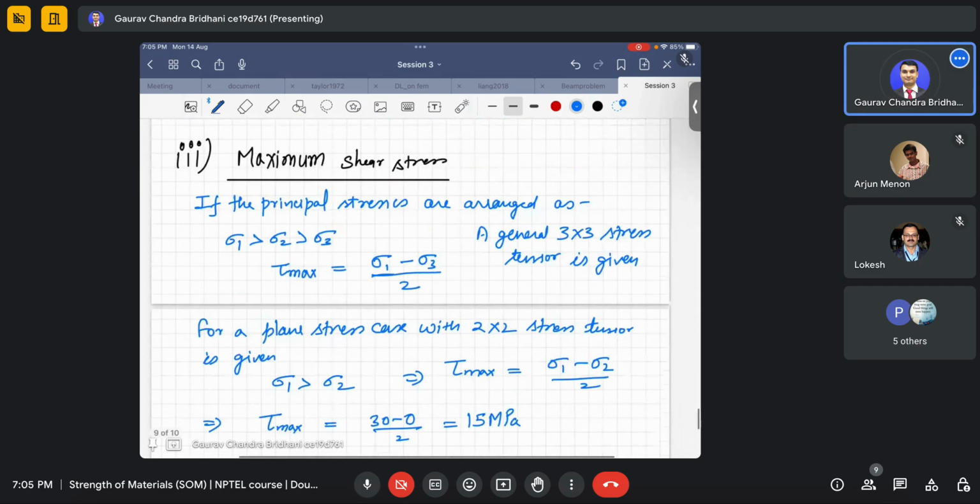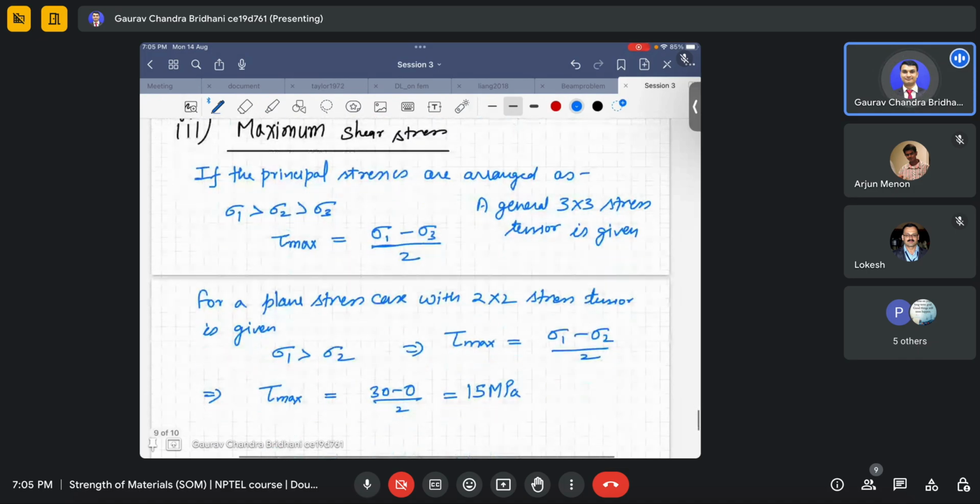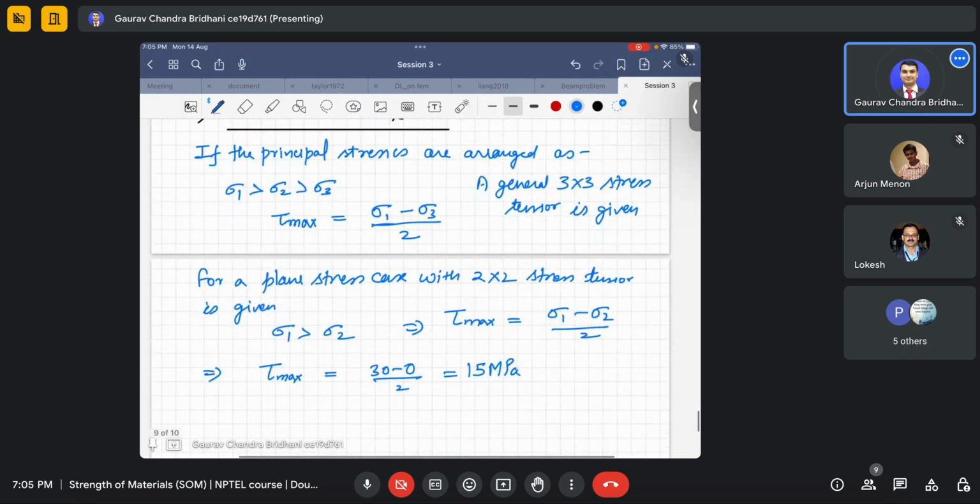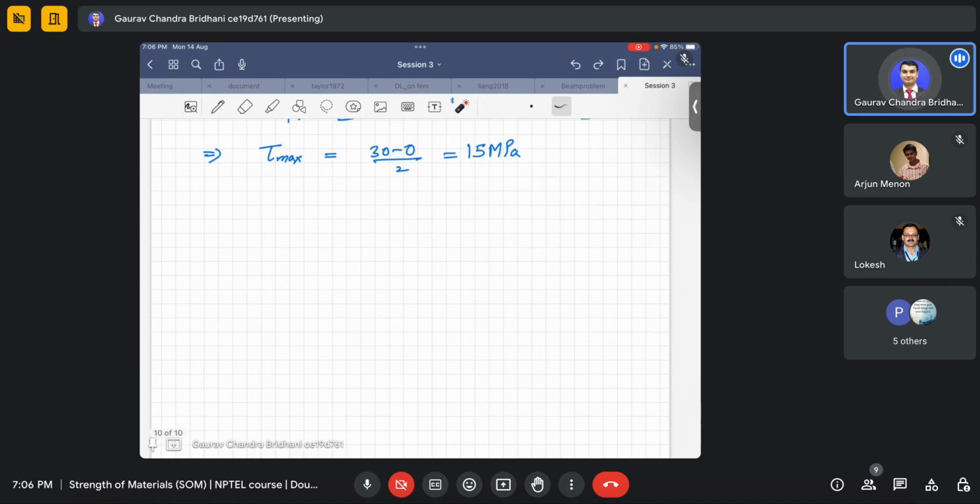So this is a very common question, and generally it is asked in a sense that one component will be negative, sigma 2 and sigma 1 will be positive. So what we do is subtract sigma 1 and sigma 2, and we have to check properly for sigma 3. Let me give an example here.